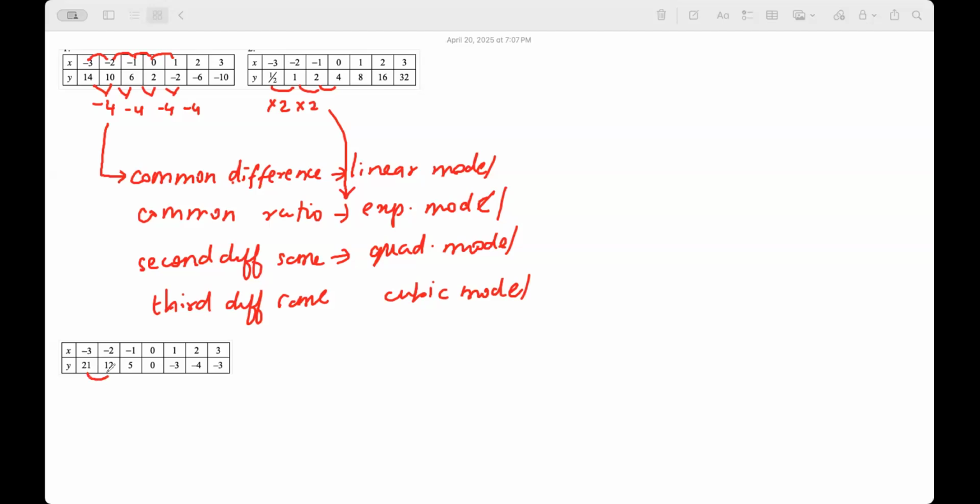So let me see. 21 minus 12 is 9, 12 minus 5 is 7, 5 minus 5 is 0. So now, do you see? This is called the first difference.